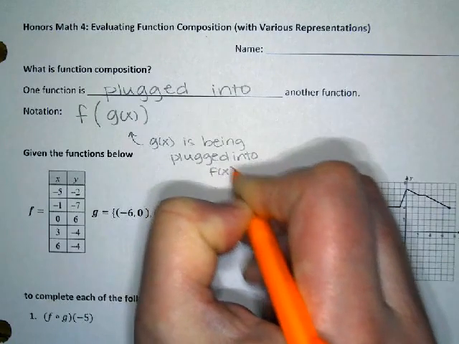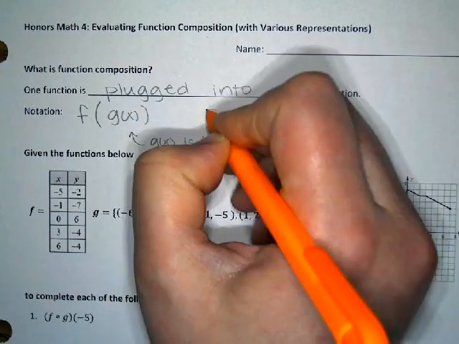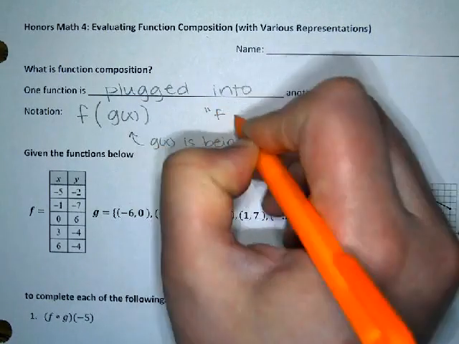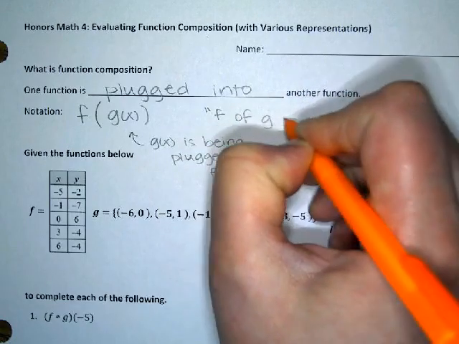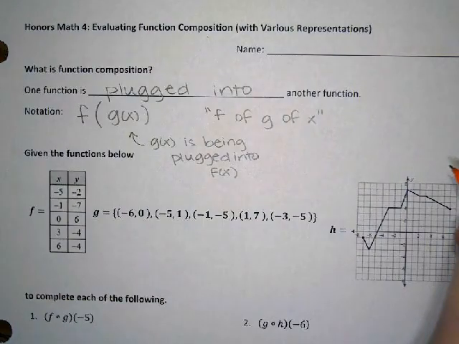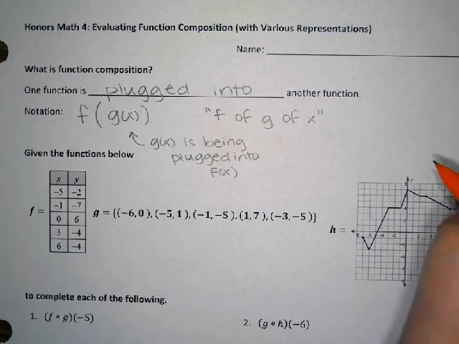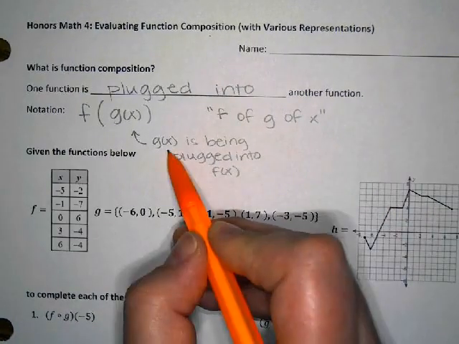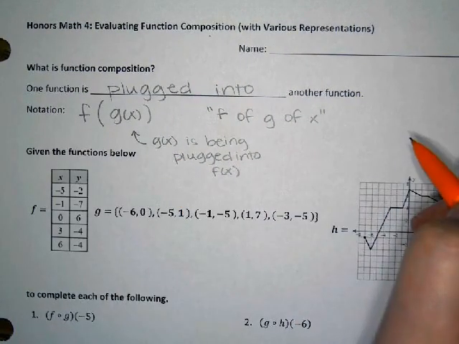And the way that you read this out loud is you say f of g of x. So that means that g of x is being plugged into f of x.